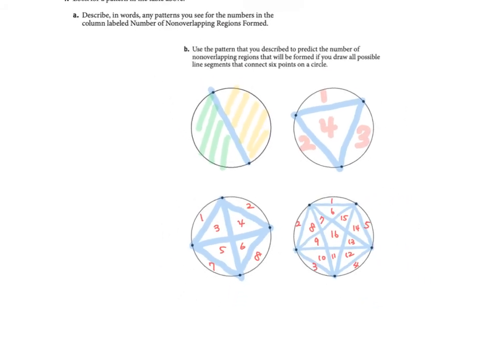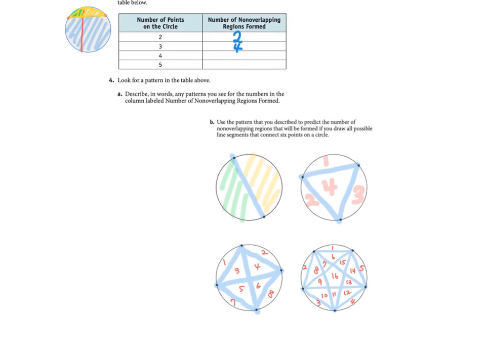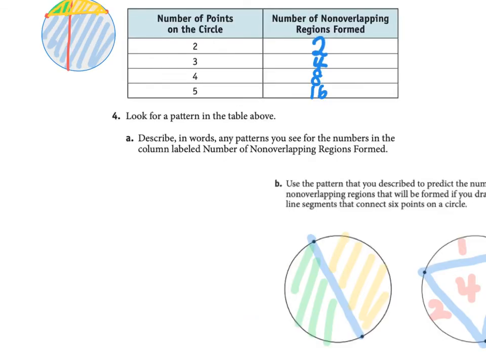So let's keep the log on the table. We have 2, 4. The next one was 8. The next one is 16. Number 4, look for a pattern in the table above. A, describe in words any pattern you see for numbers in the column labeled the number of non-overlapping regions formed.